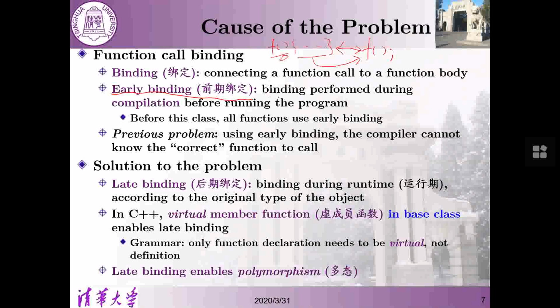So early binding means binding is performed during compilation, before running the program. So the compiler will determine which function body will be executed when we have the function call. So our previous problem is that because we use early binding, the compiler cannot know the correct function to call.